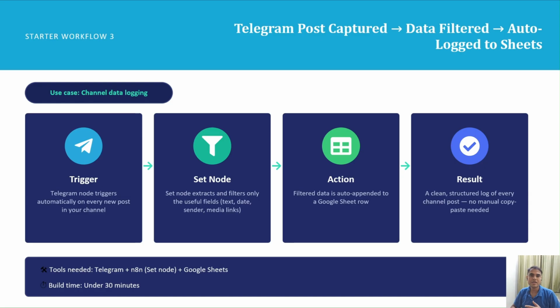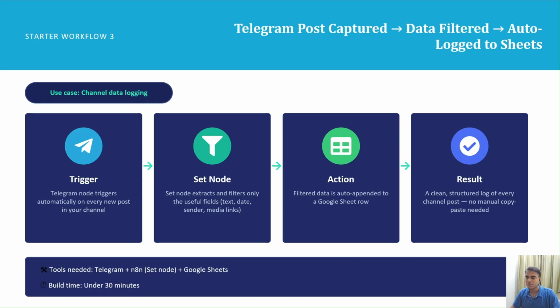In the Gmail trigger, the workflow gets started when it finds a new mail in your mailbox. But in the Telegram case, we will set this trigger as a channel post trigger. It will start the workflow whenever a new post is posted in the channel. So this will be the trigger.